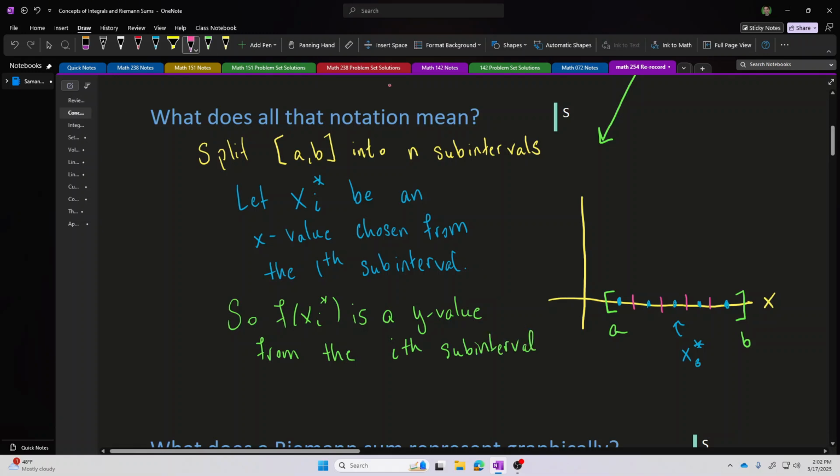In other words, if my graph of f of x is doing something like this, then I would plug each of these chosen x values into the function to see the corresponding heights on the graph. And those corresponding 5 heights would be the 5 values of f of xi star.